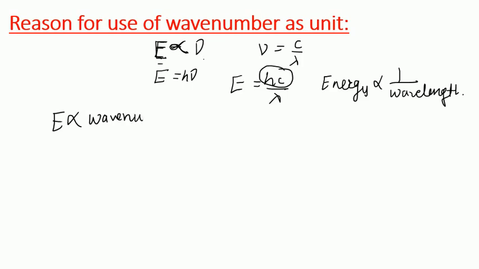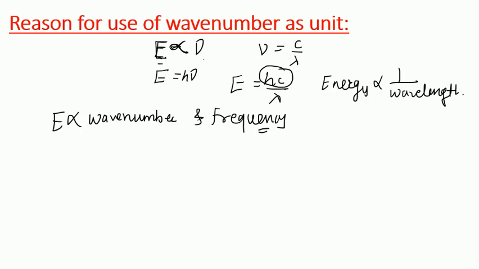This is the main reason that chemists prefer to use the wave number as a unit, because energy is directly proportional to it. A higher wave number corresponds to higher energy.